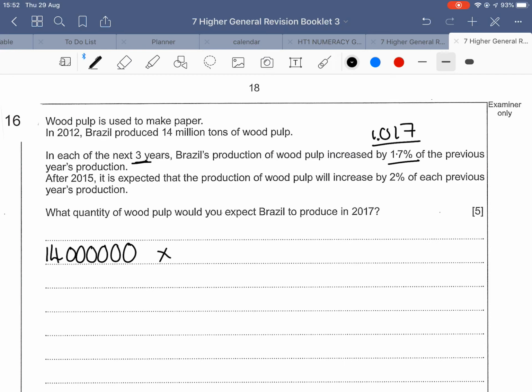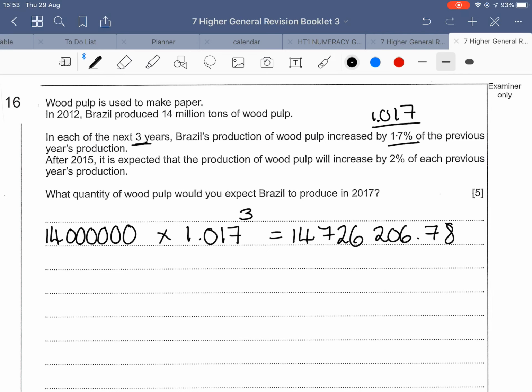So we're doing that to the power of 3. So to the power of 3 gives me a lovely number, 14,726,206.78.